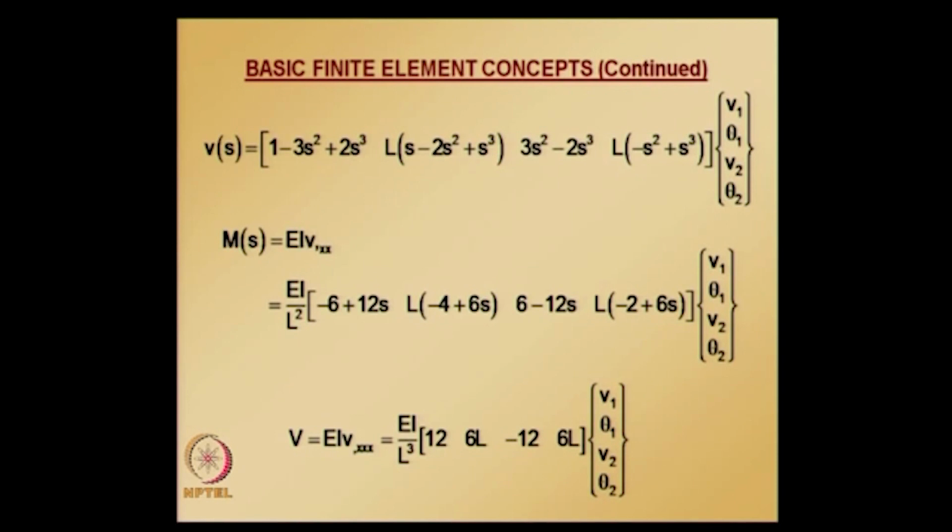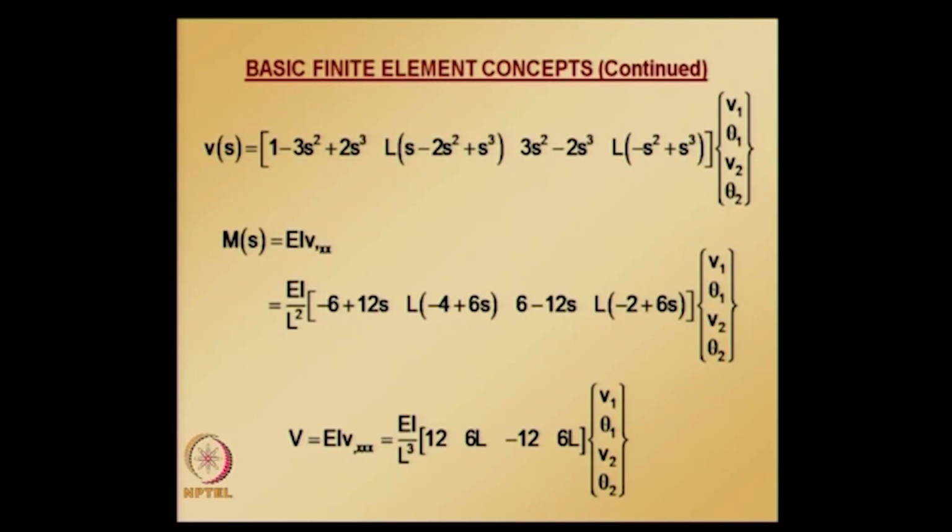You can see from this equation that bending moment is linear and shear force is constant over an element. From mechanics of deformable bodies we know that the exact solution of a uniform beam subjected to concentrated loads involves constant shear and linear bending moment.